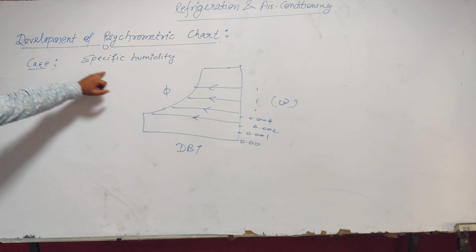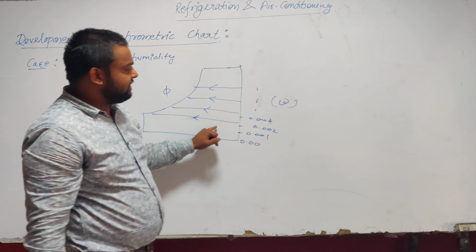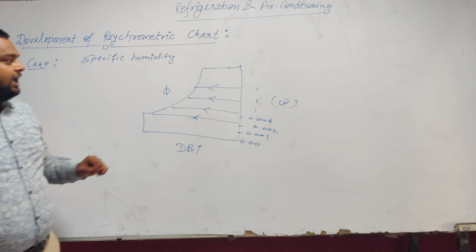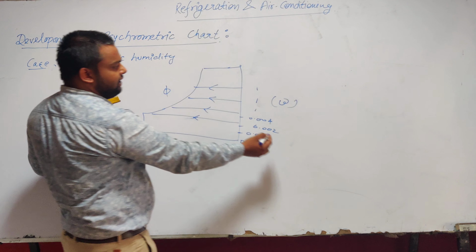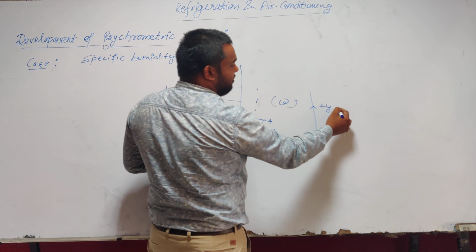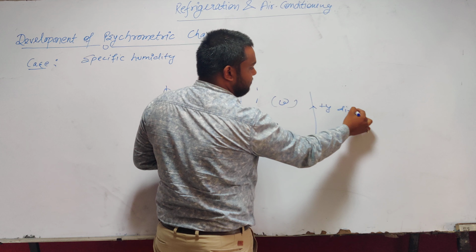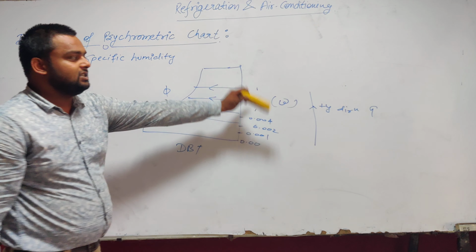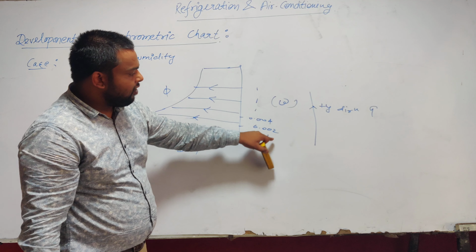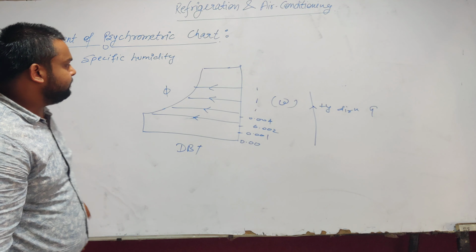So constant specific humidity lines on the psychrometric chart are horizontal lines, and they increase in the positive y direction, like 0.001, 0.002, 0.004, and so on.